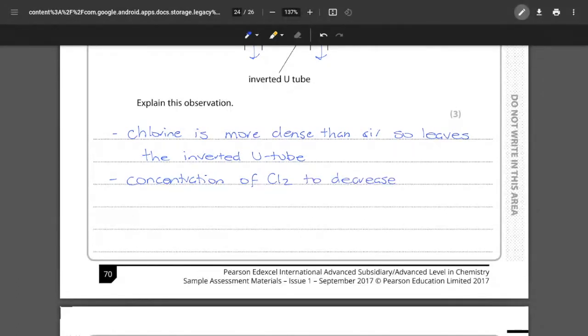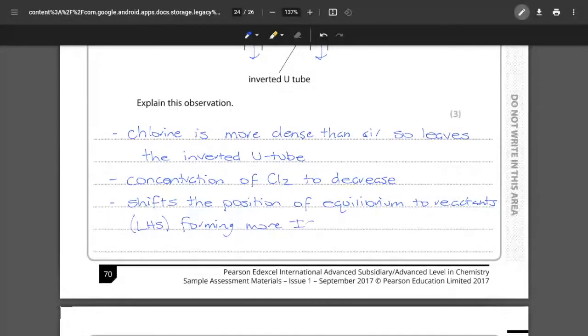If we decrease the concentration of the Cl2, this shifts the position of equilibrium in this reversible reaction over towards the reactants. So it shifts to the reactants, which is the left-hand side, forming more iodine monochloride, which is a brown liquid.